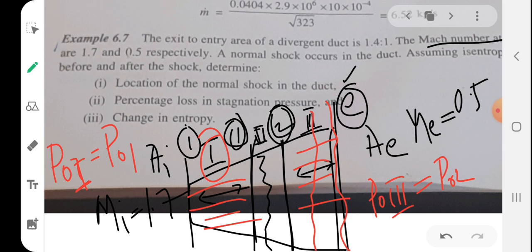For an isentropic process, the stagnation pressure remains constant anywhere in the section. So you should be thorough with those important concepts. Then only you can apply these equations, right? If and only if you are thorough with the basic concepts, what are the basic concepts for isentropic flow, what are the basic concepts in the case of normal shock, then only you can apply those things to solve this problem.